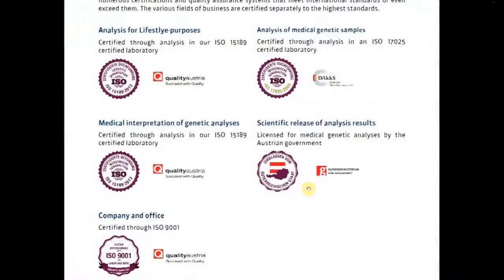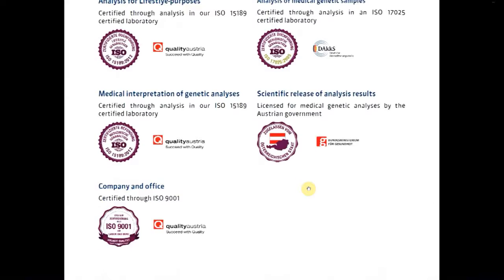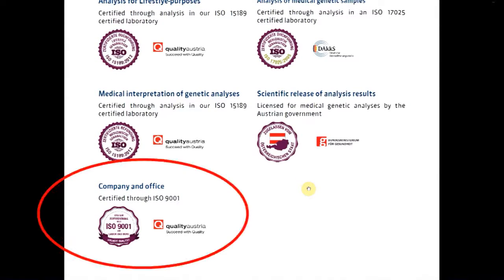So it looks at quality control, checking for errors, validation of all processes and so on. And this certification applies to lifestyle analyses for weight management and healthy nutrition, as well as for medical interpretation and genetic analysis. And the company and office is ISO 9001 certified.